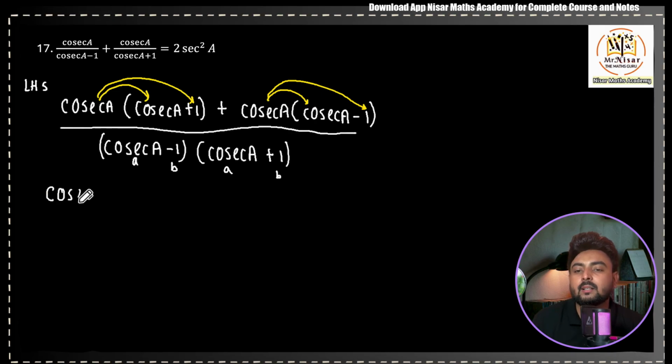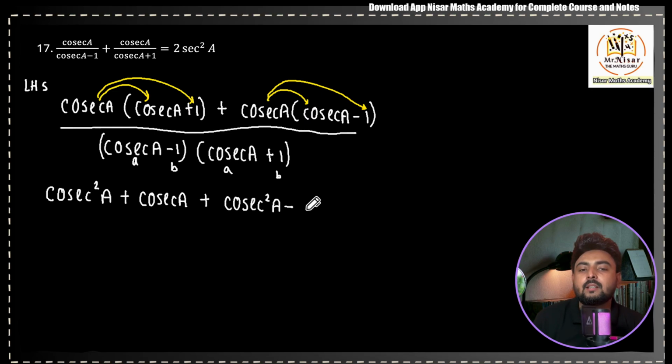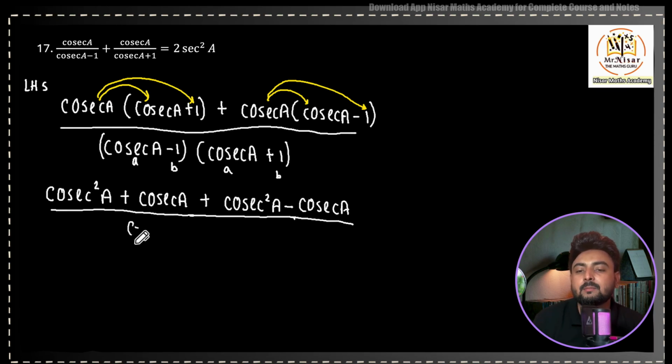Cosec into cosec, cosec square A, plus cosec into 1, cosec A, plus cosec into cosec, cosec square A, minus cosec into 1, cosec A, upon A plus B, A minus B becomes A square minus B square, so cosec square A minus 1.